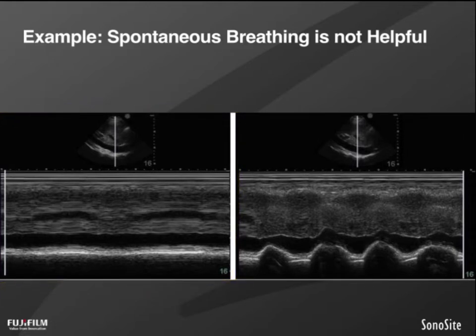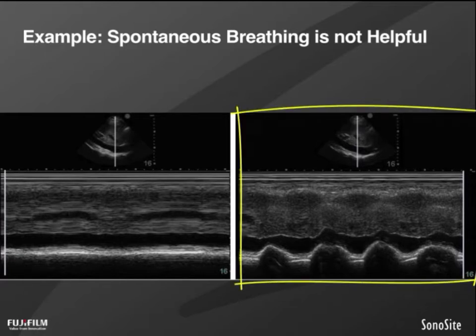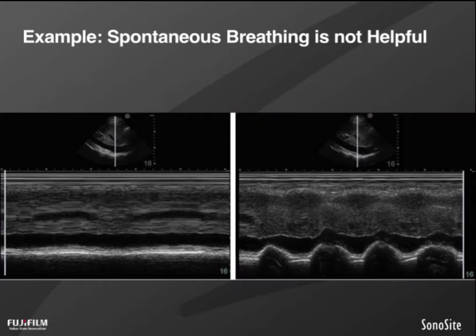If I got excited or got into DKA or any of the above, you can see on the right, my breathing pattern became more pronounced. And despite having the same filling pressures and volume status only moments later, you can see that a misinformed clinician might wrongly assume that I am in need of intravenous volume to improve my cardiac output.